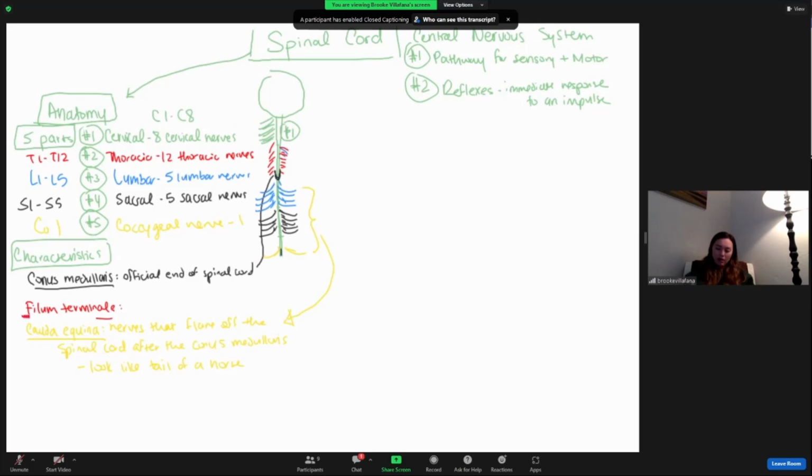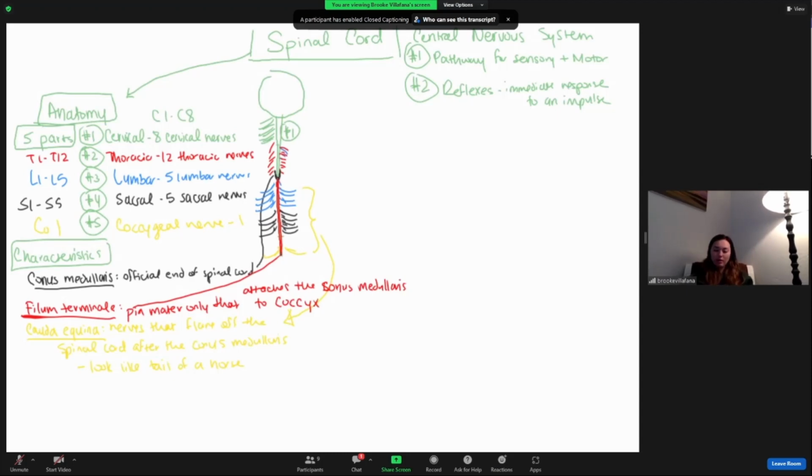Filum terminale is this little piece of tissue right here. Okay, this is pia mater only, that attaches the conus medullaris to the coccyx, right? Because we just said the coccygeal nerve is like the last nerve.